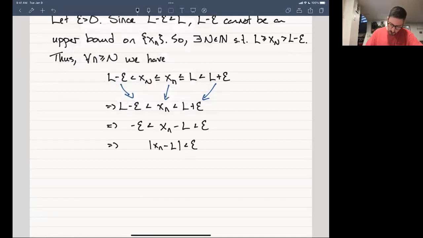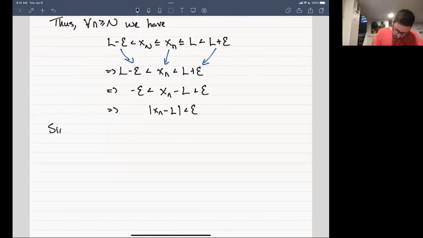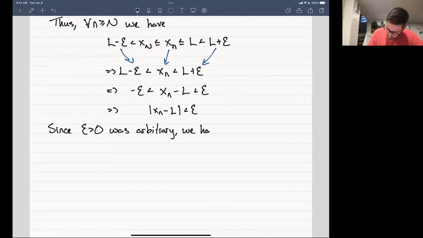So since epsilon greater than 0 was arbitrary, we have xn approaching L as n goes to infinity, right? That's just from the definition. Remember, the definition of convergence says that xn minus L in absolute value is less than epsilon when we look at the n's, the subscripts, large enough. And that's what n greater than or equal to capital N gives us.